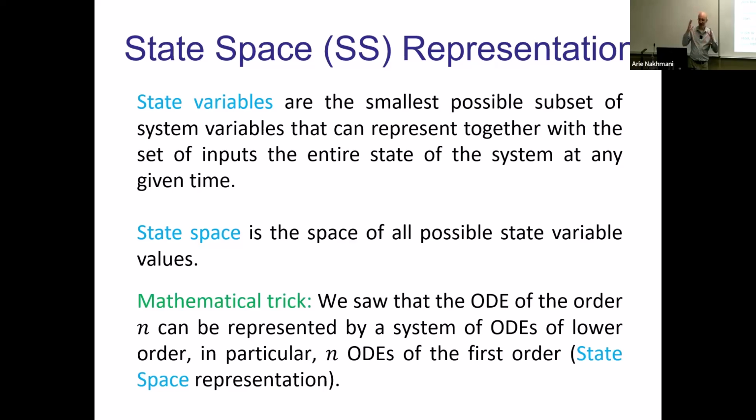Which means if you have a differential equation of nth order, some big complex linear differential equation of nth order, you can always write it as n differential equations of first order. So you'll have a system of differential equations. Each one of them will be first order. How to get there? This is a tricky question.